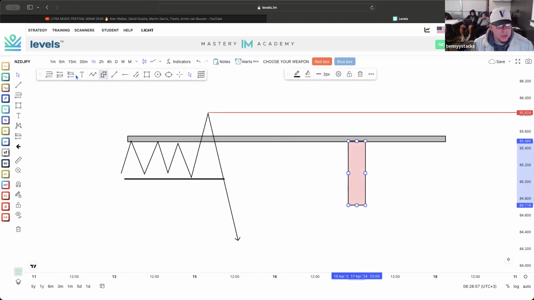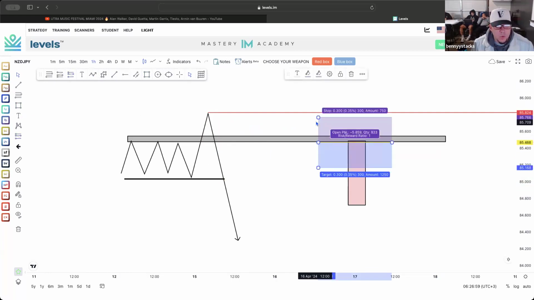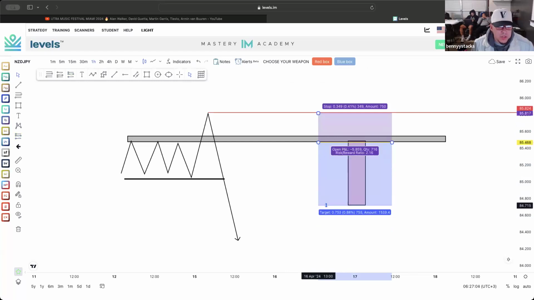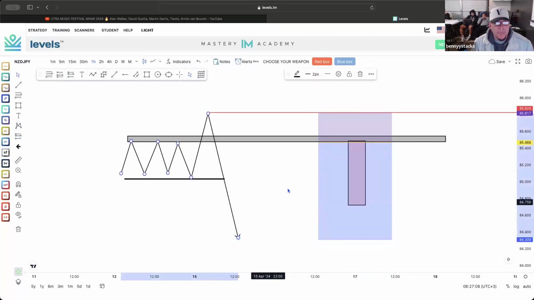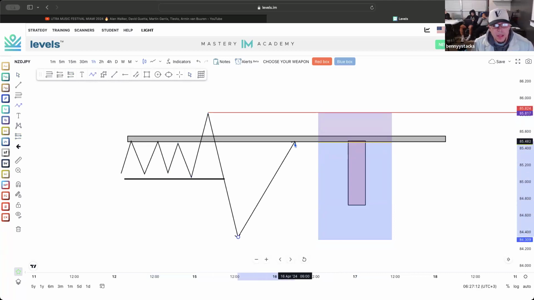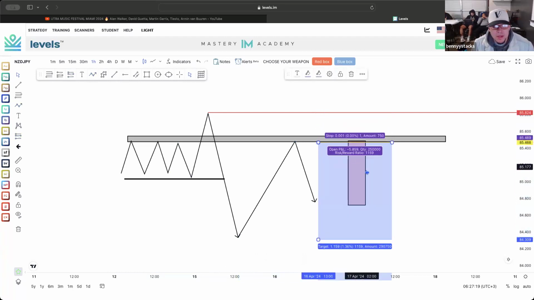So let's just say this isn't even a 1 to 1, or let's say this is a 1 to 2, and your TP is right here. If market comes to this area and it pushes off and it hits your 1 to 1, 1 to 2 area, you should already be at break even, because that right there is what the market gave back from buying.